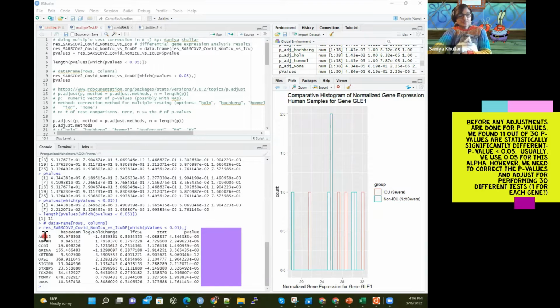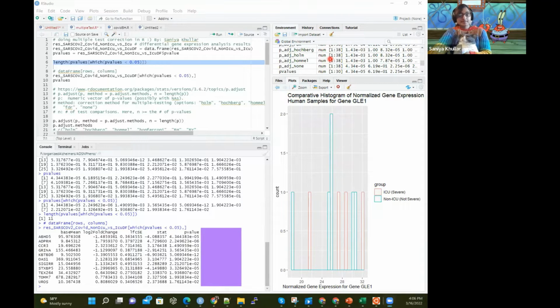So we can see that these are the 11: 1, 2, 3, 4, 5, 6, 7, 8, 9, 10, 11. These are the 11 genes whose p-value is less than 0.05 that are considered statistically significantly different. That's the criteria that we're looking for.